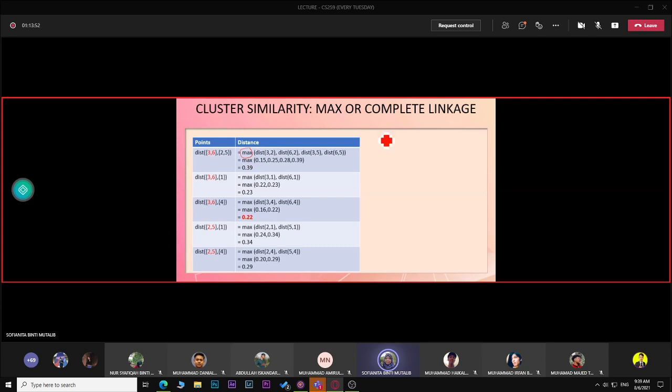Because just now, min is comparing objects that are nearest to each other. But now when you use max, we are comparing the farthest objects between these clusters. So this is 3, 6, and 2, 5, and then we have another object 1, and then we have another object 4. So this is what you have in this particular process.